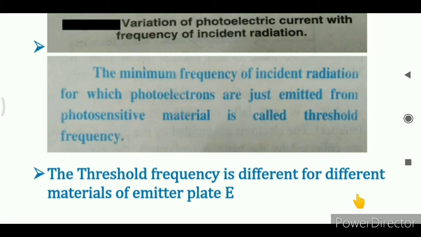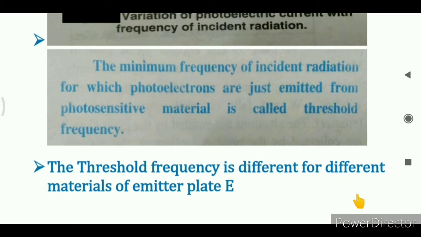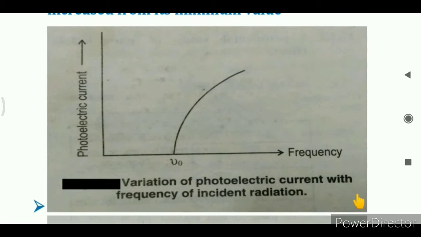By using different materials, the same experiment was performed, and it was observed that this threshold frequency is different for different materials of the emitter plate E. Hence, as the threshold frequency is different for different materials, and below the threshold frequency no emission of photoelectrons takes place, there will be no photoelectric current flowing in the circuit.